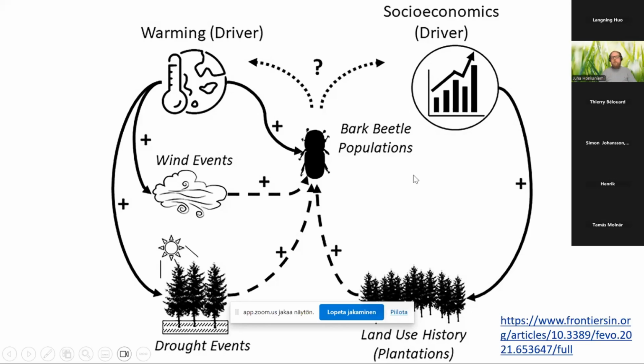And that has had positive impacts on bark beetle populations and the current or almost past bark beetle outbreaks in Central Europe, for example.